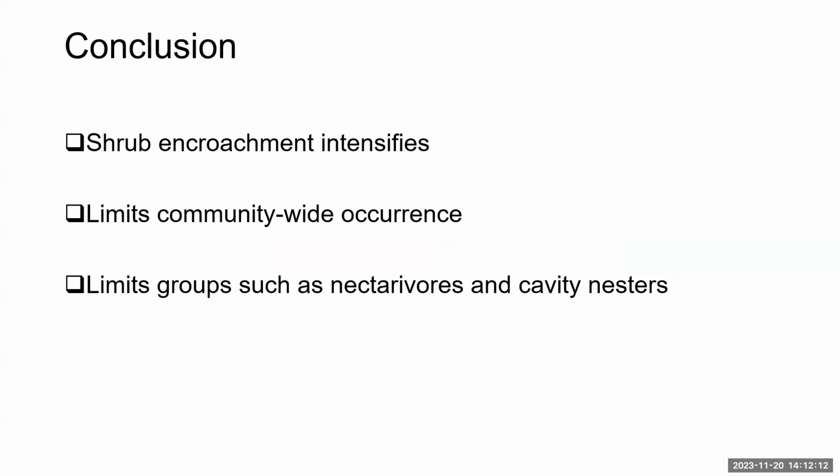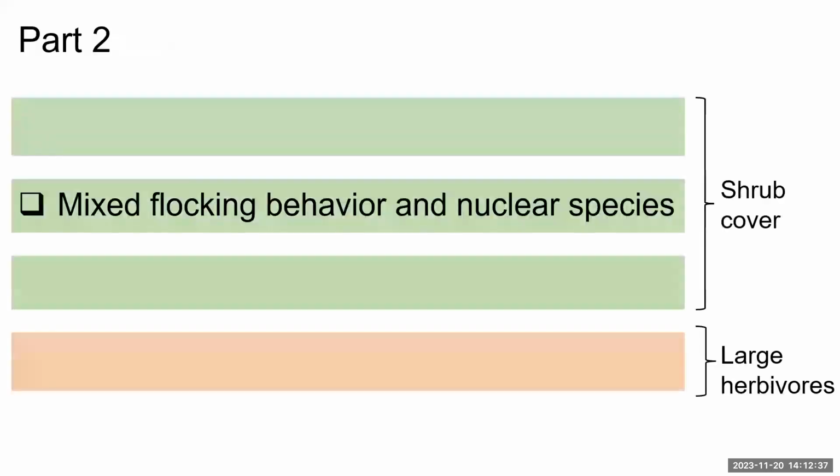And certain groups such as herbivores and cavity nesters are disproportionately affected. And with decline in things like herbivores and cavity nesters, we should expect impacts on ecological services and in general savanna resilience.